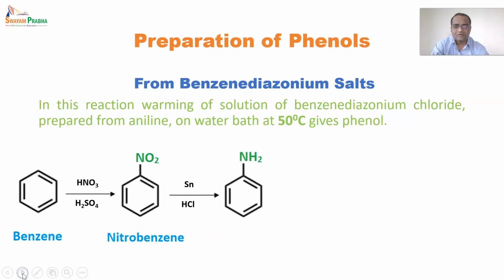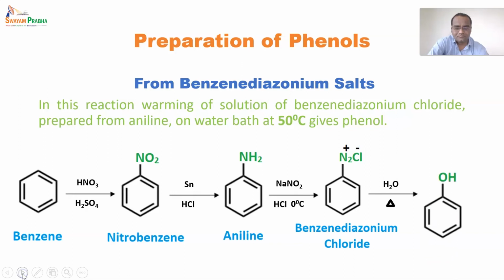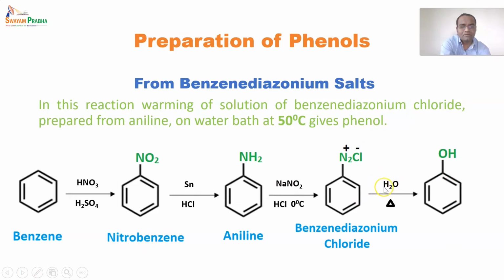And with reduction by tin and HCl, it forms aniline. And treatment with sodium nitrite and HCl at 0 degrees Celsius forms benzene diazonium chloride. And simply heating that benzene diazonium chloride with water at 50 degrees Celsius, it forms phenol.